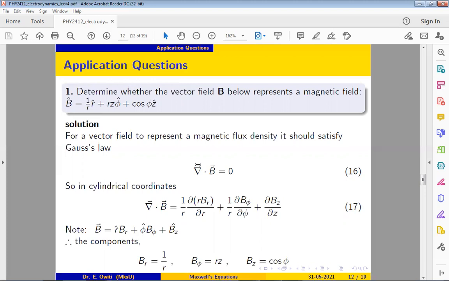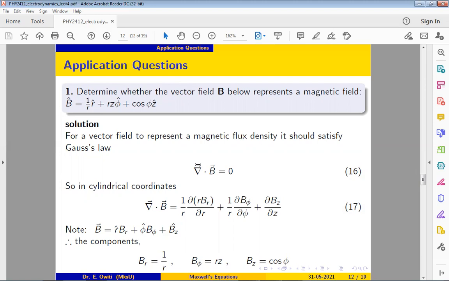So by inspection, you realize that the vector field B is in what coordinates? It is in the cylindrical coordinate system, because you have r, you have z, and you have phi. This tells you that this is in cylindrical coordinate system.